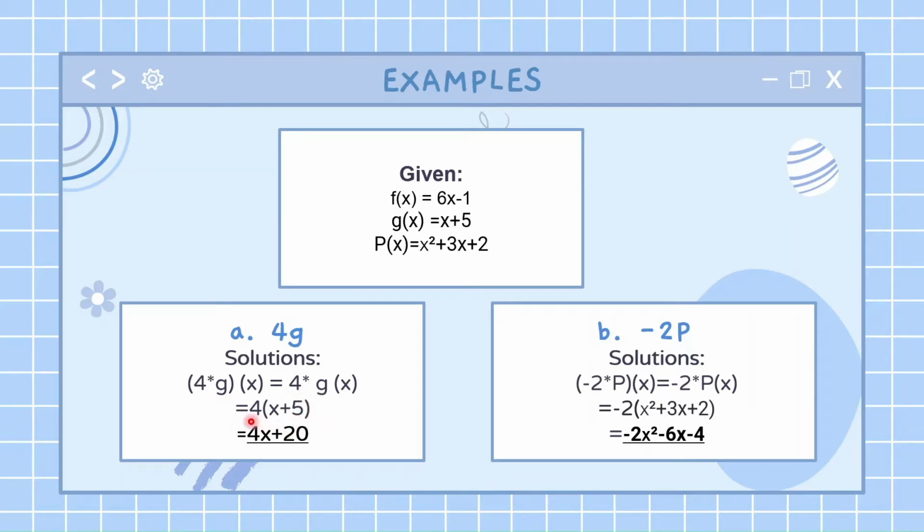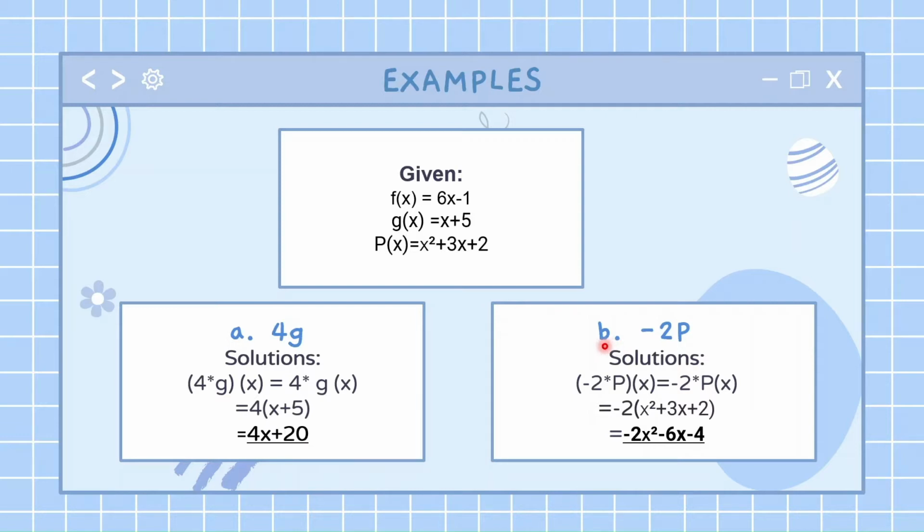Then, what we need to do after this is distribute. So that would become 4x plus 20, because 4 times x is 4x, and 4 times 5, simple multiplication, is 20. 4, 8, 12, 16, 20. You see, it's very easy as long as you follow the proper steps.